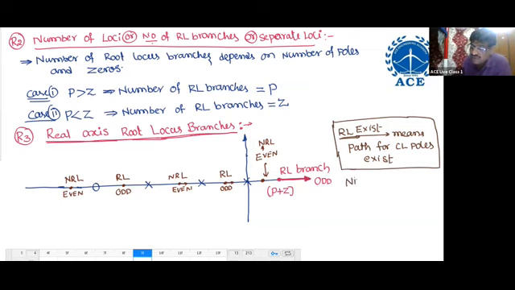No root locus means no path. No root locus means no path exists for closed loop poles.